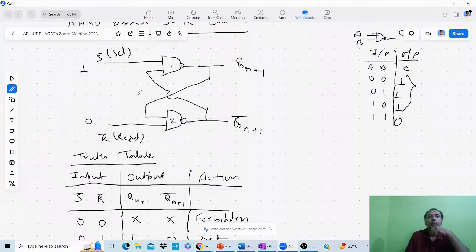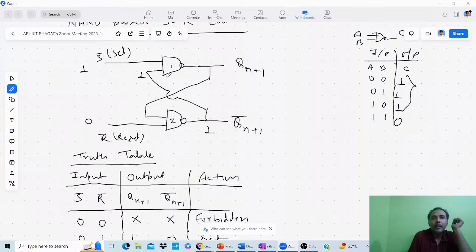In this case you can see this input is 0. So for gate 2, one input is 0, so whatever the input of this second terminal, your output will be 1. From the truth table you can see it is always 1. Now this is 1, means this is 1.